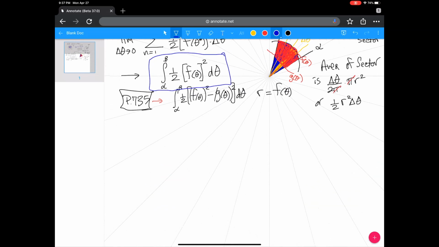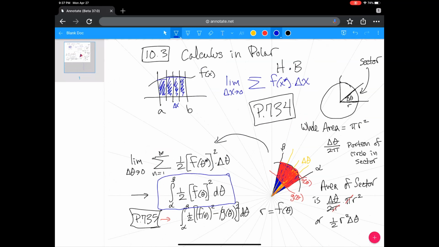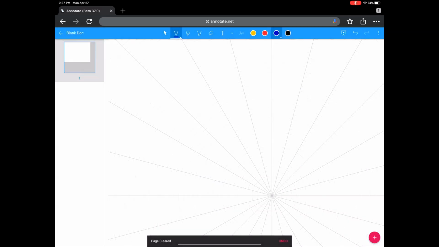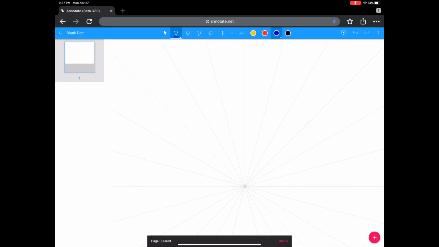Oftentimes we want to draw a graph. So let me clear this page, and then I'll rewrite our formula so that we can still use it.